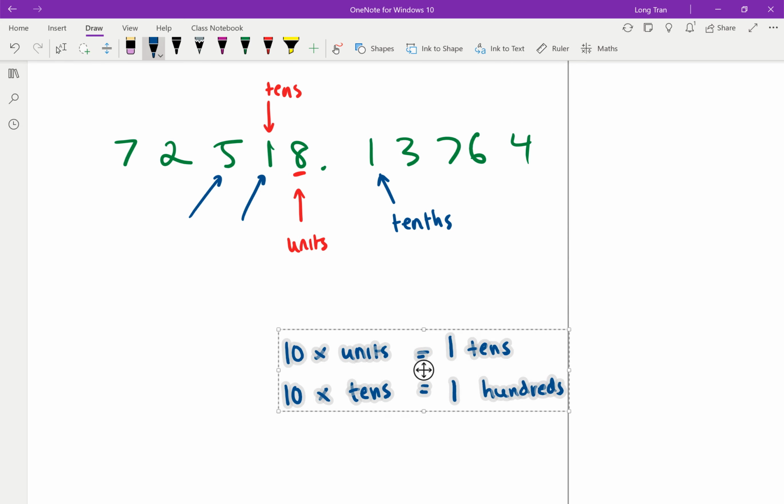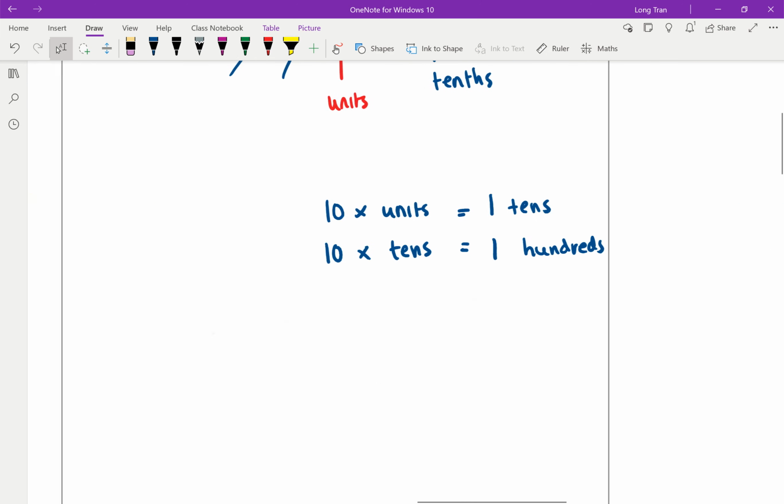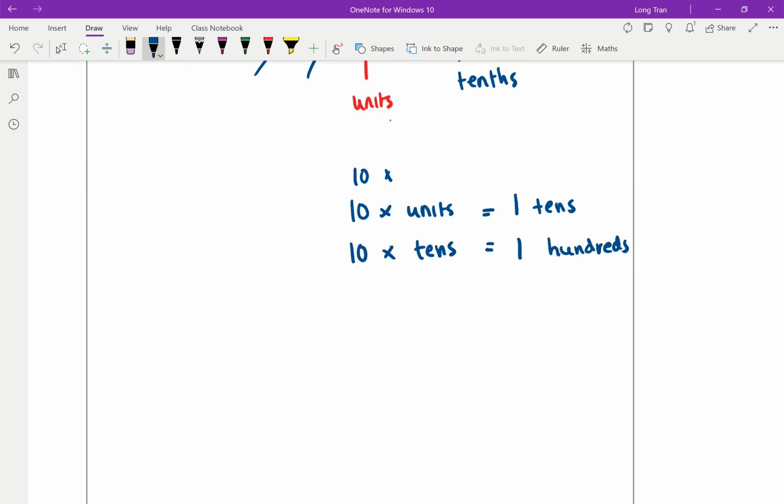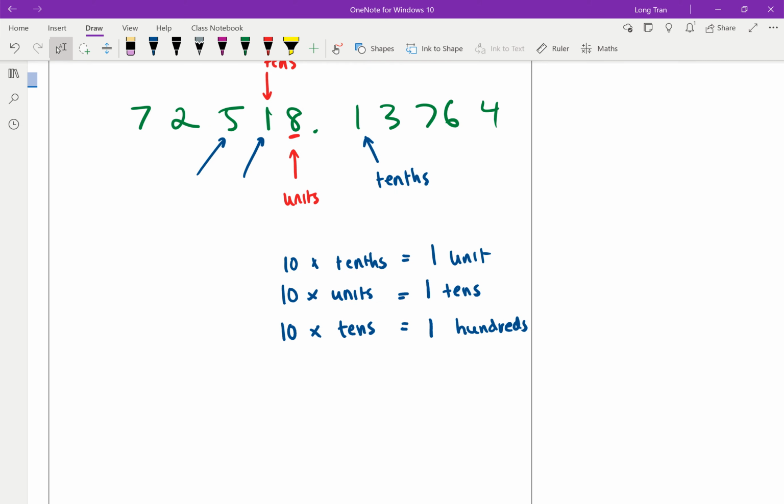You need 10 tenths to make 1 unit. Now all of this is based on what we call the metric system. Not like in London where they use the imperial system, miles and pounds. We use the metric system, which means it's in groups of 10. So we like that. We like it in groups of 10.